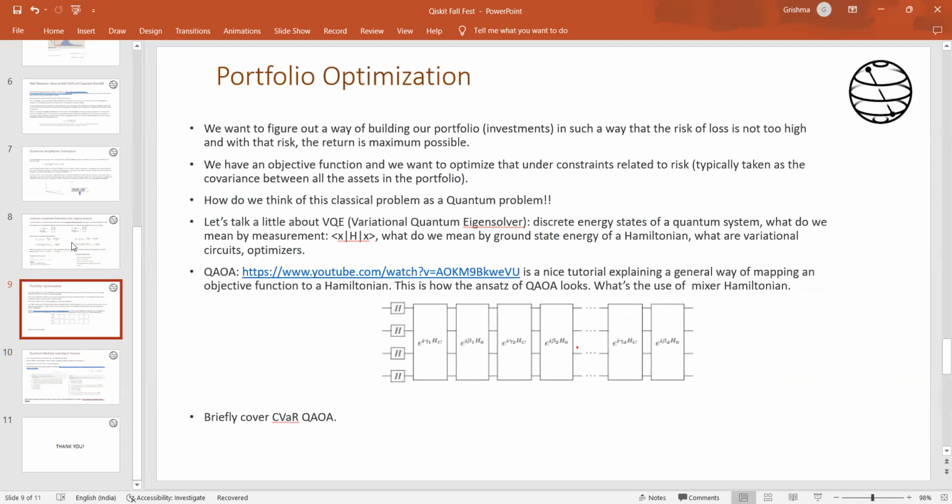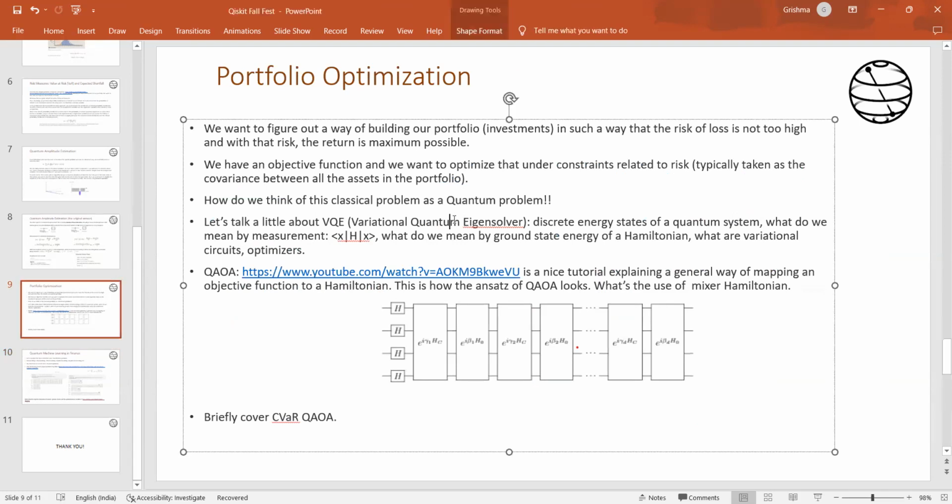When we spoke about the variational quantum eigensolver, what does it mean to get a minimum of a Hamiltonian? It is essentially to get the energy value with respect to the ground state. The eigenvalue of the ground state is what we want. One way of measuring it is to use the formula I have written here, something like the expectation value of the Hamiltonian in a given state.